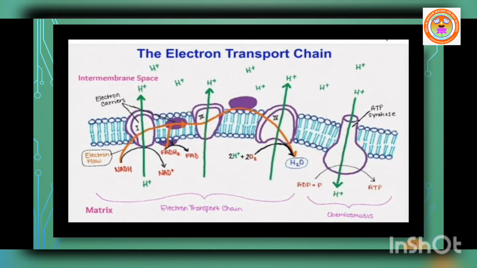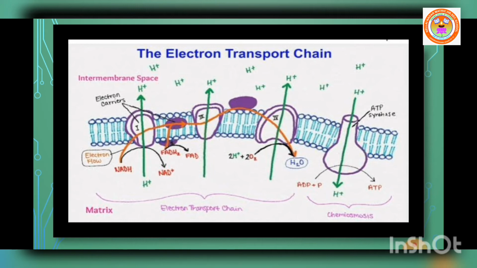NADH2 and FADH2 molecules formed during glycolysis and Krebs cycle are oxidized to NAD plus and FAD plus to release the energy via electrons. The electrons, as they move through the system, release energy which is trapped by ADP to synthesize ATP. This is called oxidative phosphorylation.